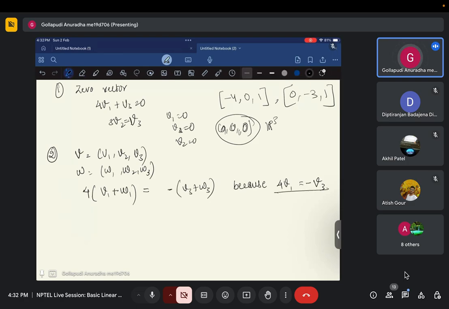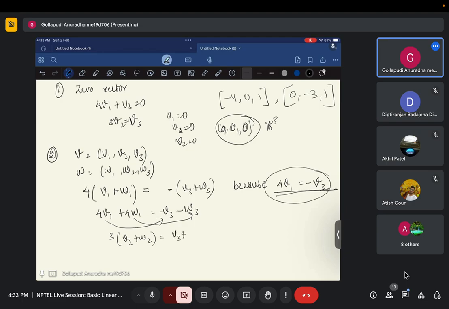Because this condition is given, this must be satisfied, and 4v1 plus 4w1 will equate. Just by seeing, we can say that. And even this condition should be satisfied, and even that will satisfy the summation.